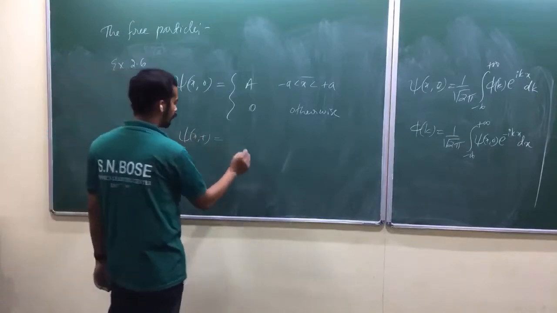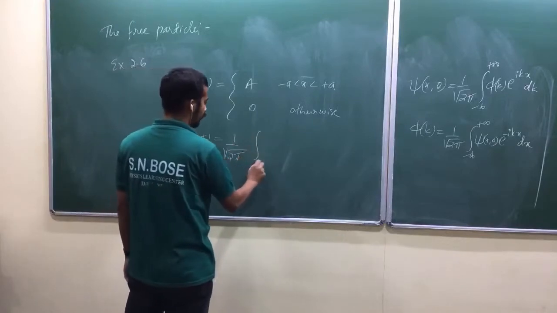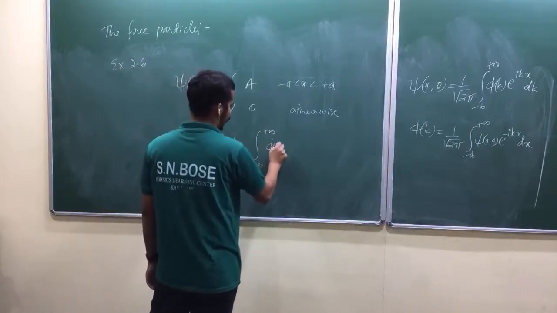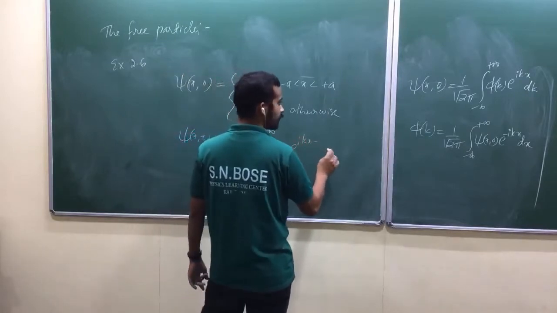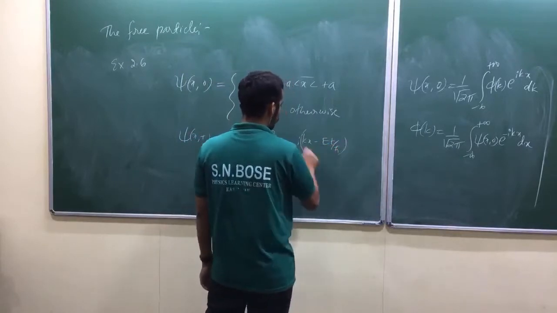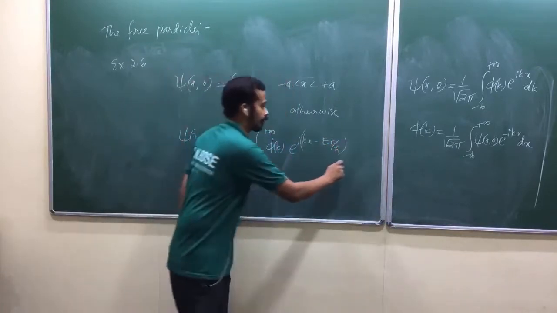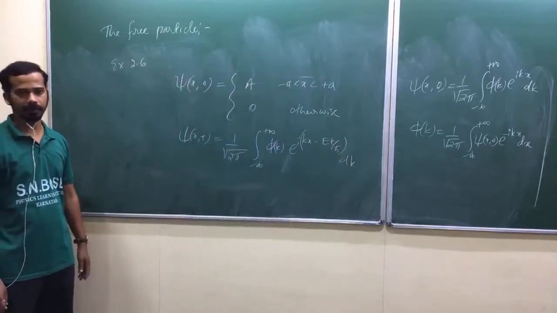How do you write psi of x comma t? It is 1 by root of 2 pi, integral from minus infinity to plus infinity, phi of k into e power i kx minus i E t by h bar. Am I right? This is psi x comma t for a free particle.